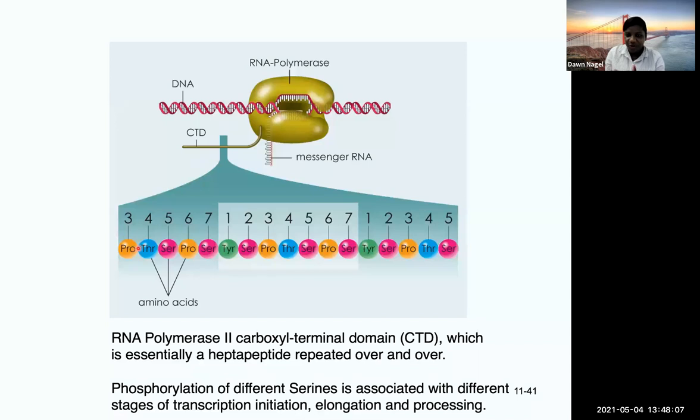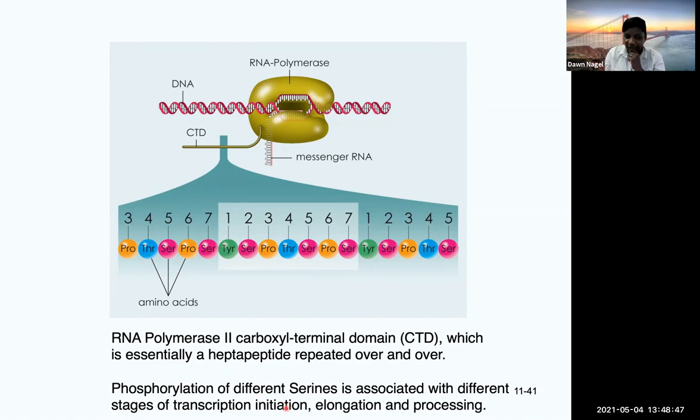This region is formed as a heptapeptide with multiple repeated amino acids. The serines at the 2, 5, 7 positions are really important in initiating transcription, elongation, and termination, because they get phosphorylated along the way, and the phosphorylation status will change as RNA polymerase is transcribing the RNA, okay?